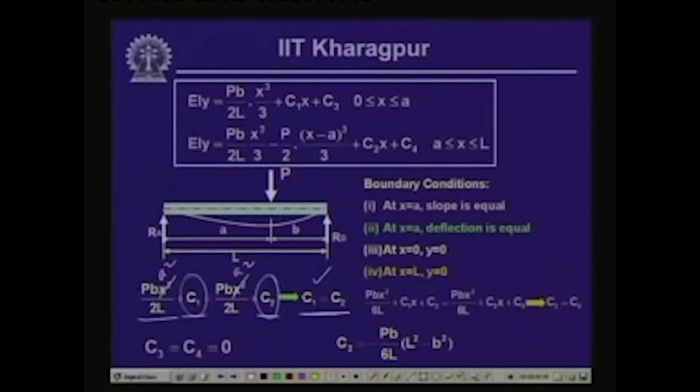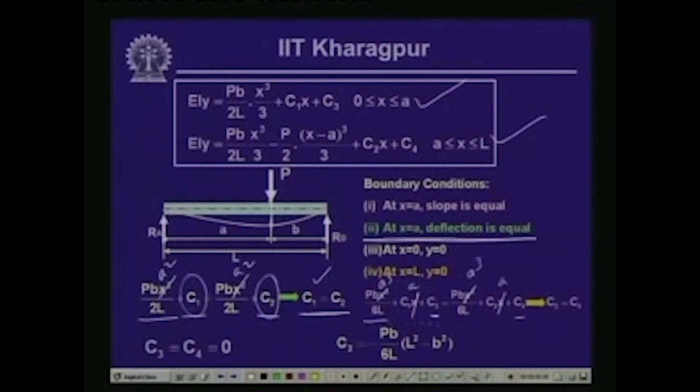Now, if we consider the second boundary condition, that at x equals to a, deflection is equal, that means if we employ these two equations, whichever equation we use at this particular point, deflection should be the same from either side. So, if we substitute x equals to a over here, this is Pb a cube by 6L plus C1 times a plus C3 is equal to Pb a cube by 6L plus C2 a plus C4.